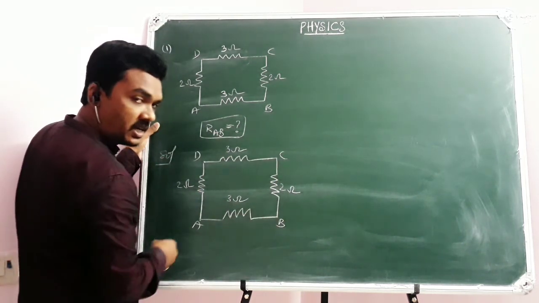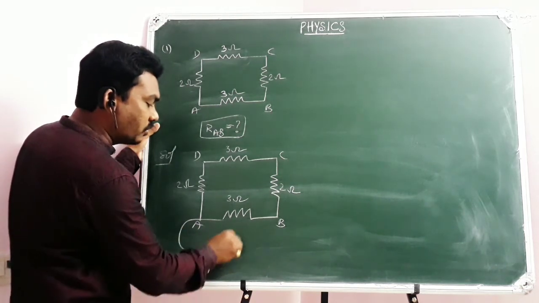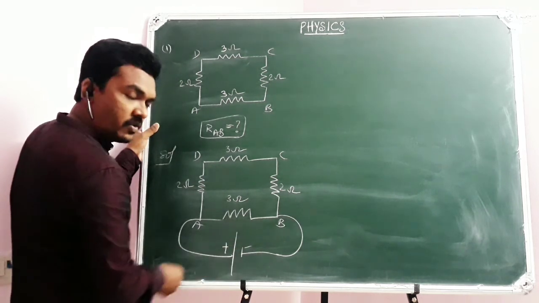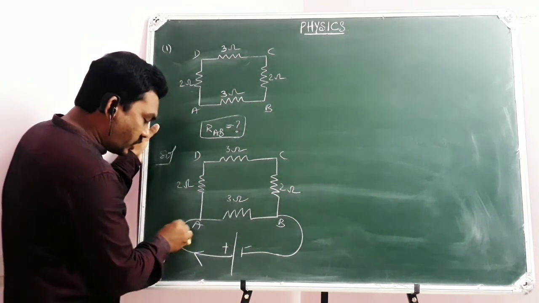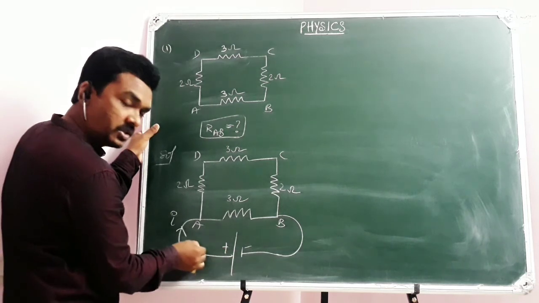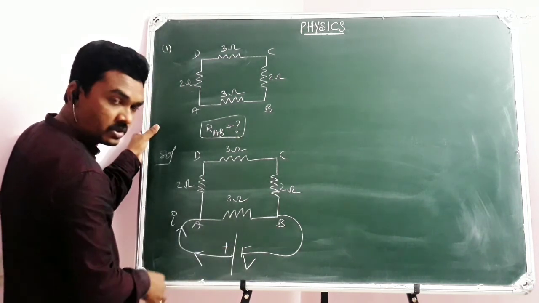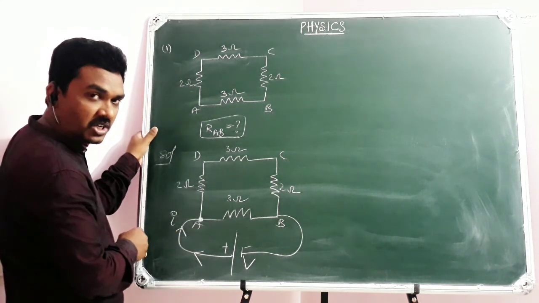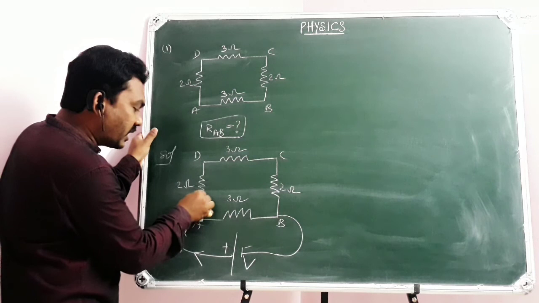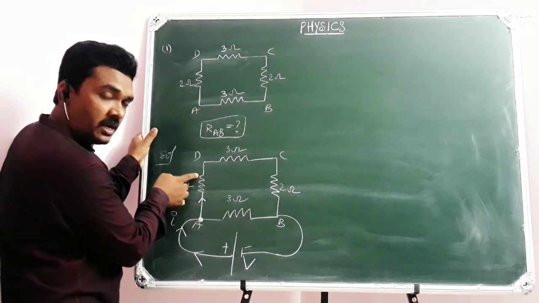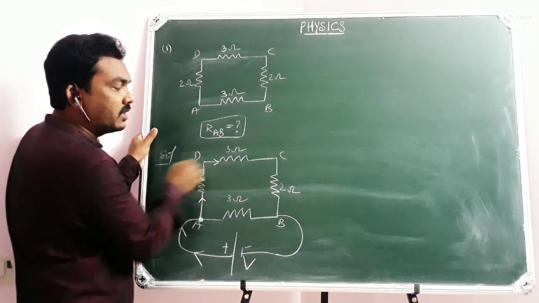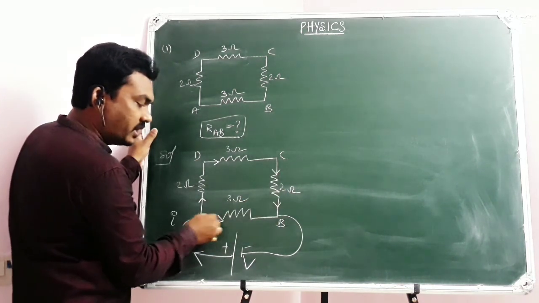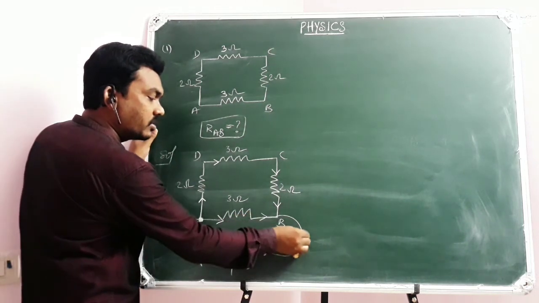Across AB you wish to calculate the equivalent resistance. So suppose a battery or cell is connected across AB. Just suppose. If this is the case, current I is drawn from the cell of voltage V. This current I will divide at the junction A. The same current will travel through this 3 ohm and the same through this, and here a different current will travel; they will join here and come out.